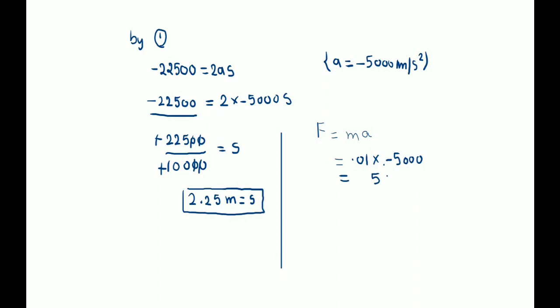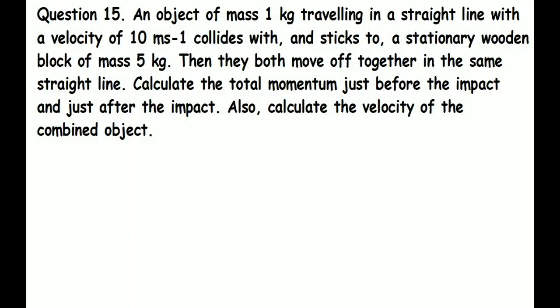Now we will multiply this 5000 into 1, that will equal 5000. The negative sign we can place apart, and the decimal place before 2 digits. So this will now become 50 Newton. We can place either the negative sign or leave it, because the negative sign indicates that this force is applying in the opposite direction.